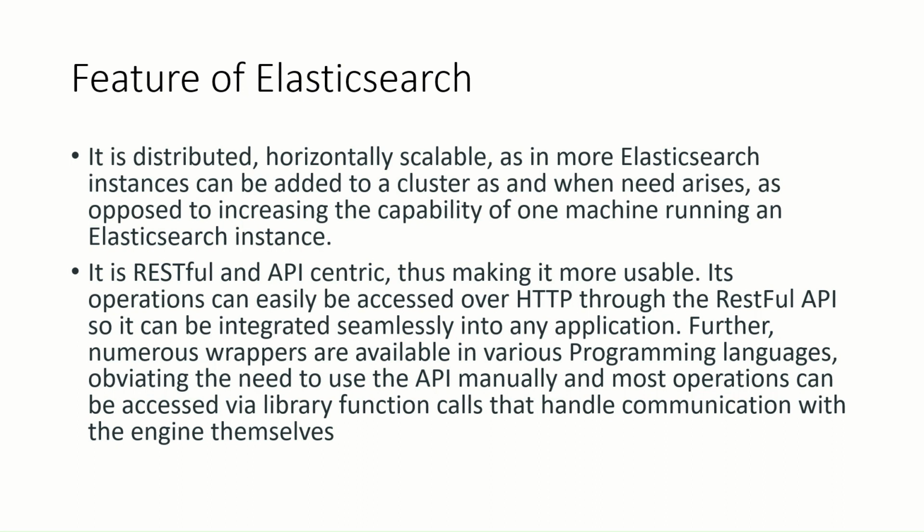So it gives a couple of APIs through which we can sort out our data from the databases. So that is the main benefit of Elasticsearch, and that is why it is very popular. Because it is a RESTful API centric architecture, that makes it more usable.